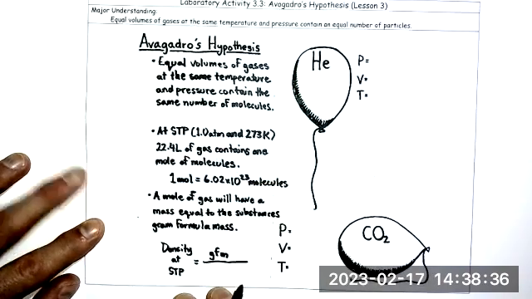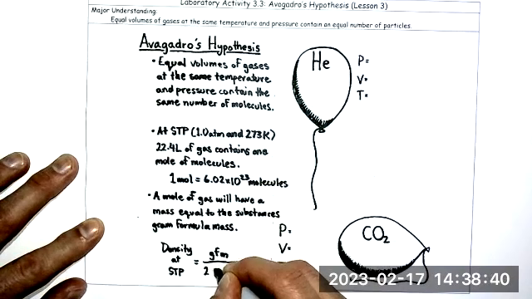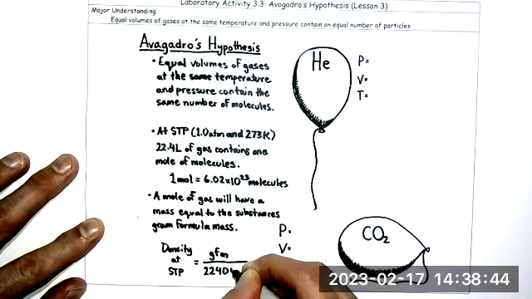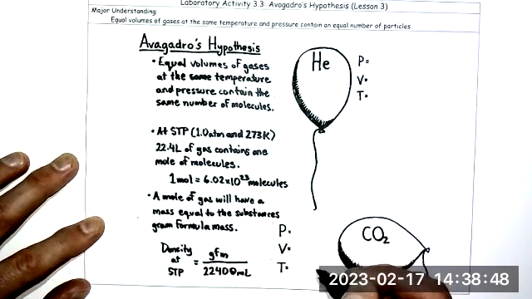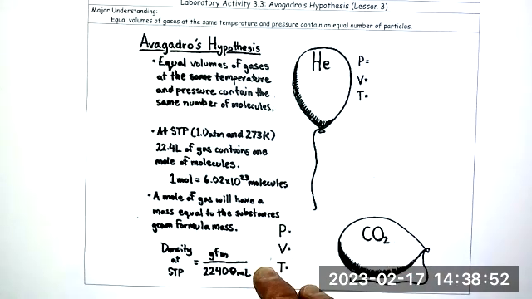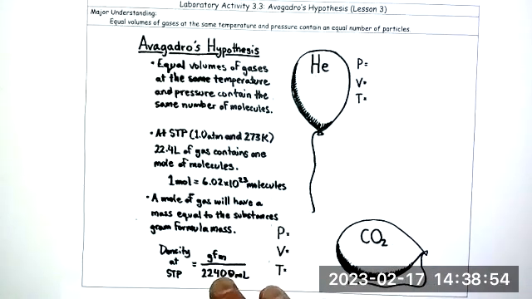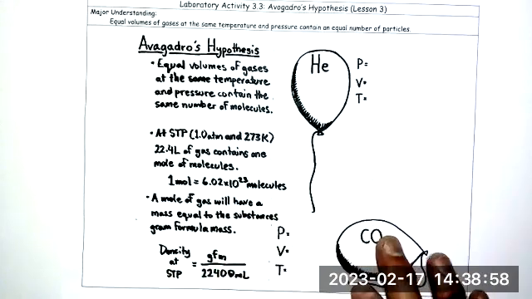However, in Table S, we use milliliters, so I'm going to multiply that value by 1,000. So it's actually 22,400 milliliters. And we can use this observation to figure out the density of different gases.